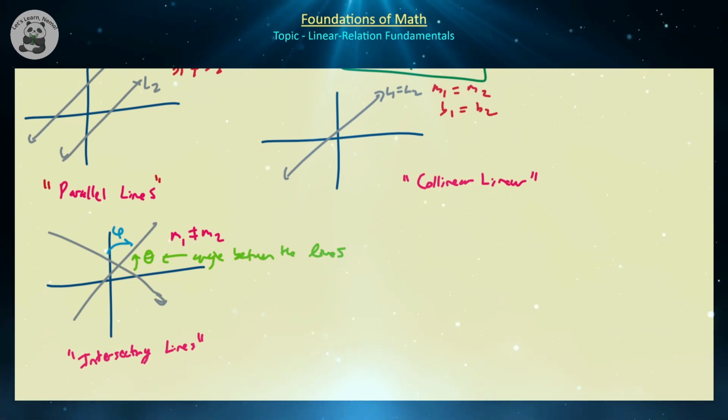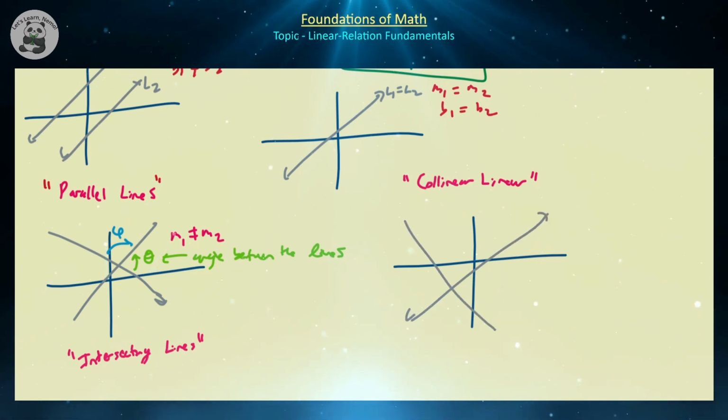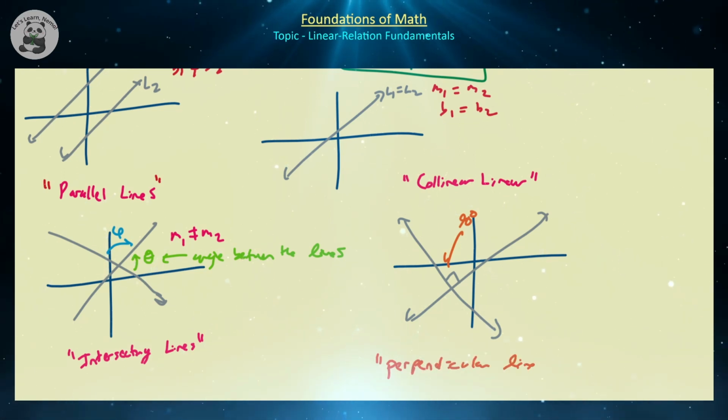Now, if the two lines cross in this fashion where this angle is actually 90 degrees, then we refer to these two lines as perpendicular lines. And one can show that if two lines are perpendicular, then the slope of one is equal to the negative reciprocal of the other.